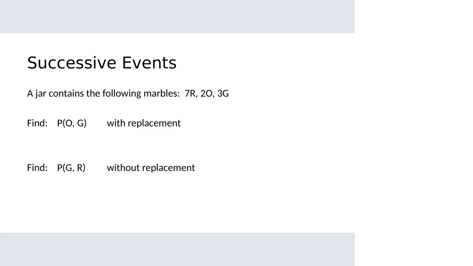After we talked about the probability of a single event, we talked about the probability of successive events, things that happen one after another. A jar contains the following marbles: 7 red, 2 orange, 3 green, and we are going to pick 2 marbles, one after the other.